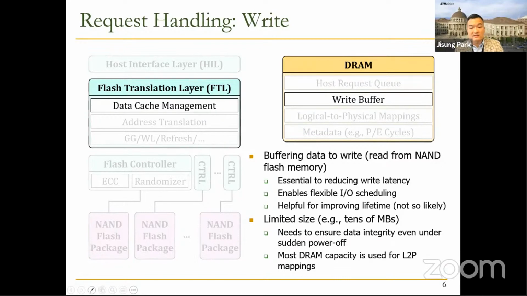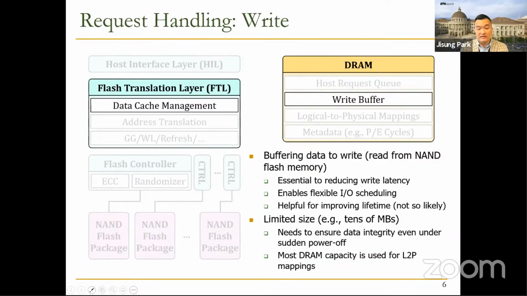So increasing the size of the DRAM write cache usually leads to an increase of super capacitors to supply enough power for the SSD to reliably flush all dirty data, which in turn would directly increase the SSD price.